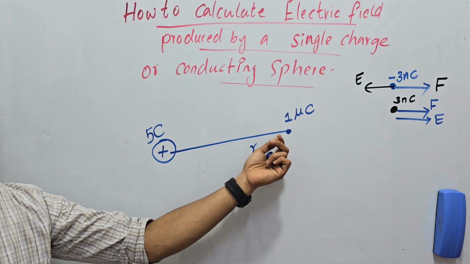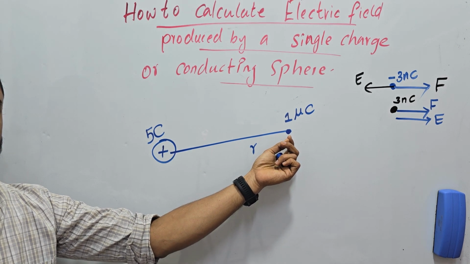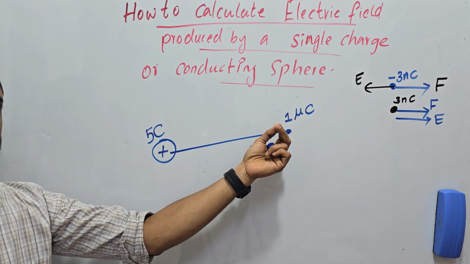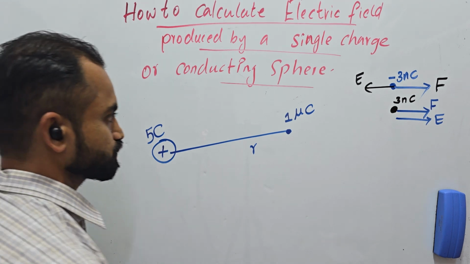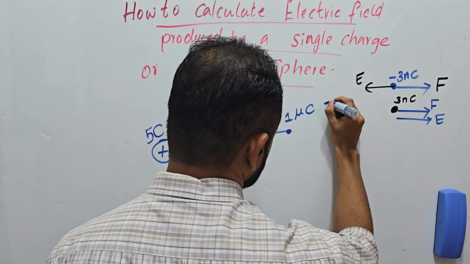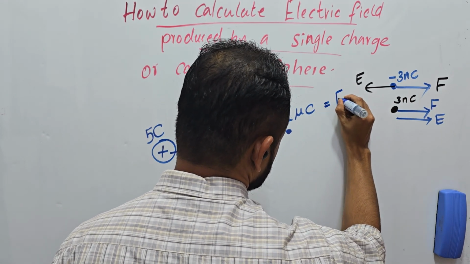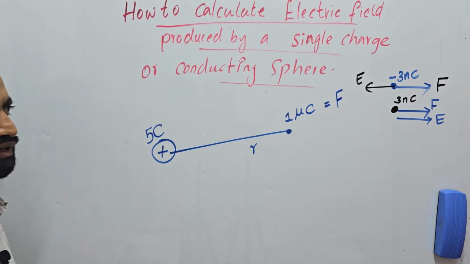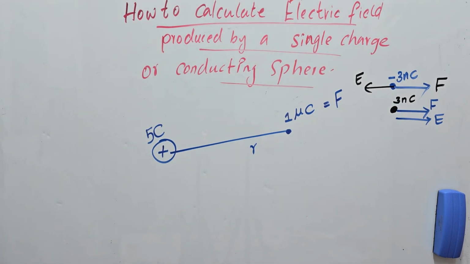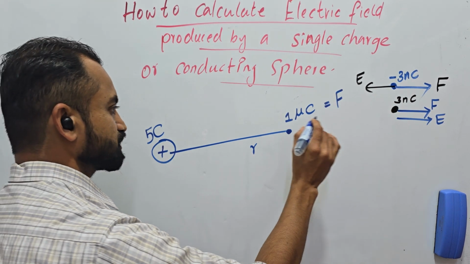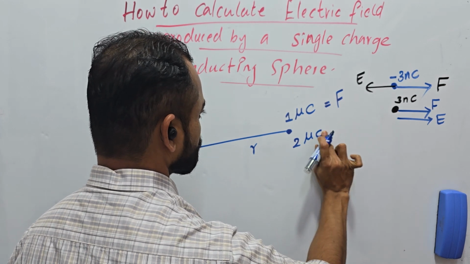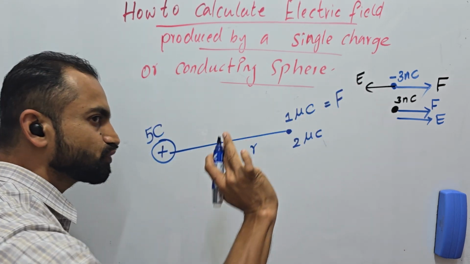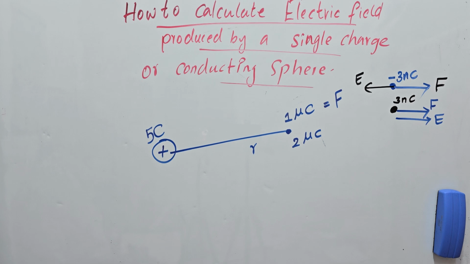That will experience a force, right? If you keep any electric charge in any electric field, the electric charge will experience a force. So we can say this charge is experiencing a force that I will write F. Then if I place another charge, a 2 microcoulomb charge, will the 2 microcoulomb charge experience the same force or a different force?